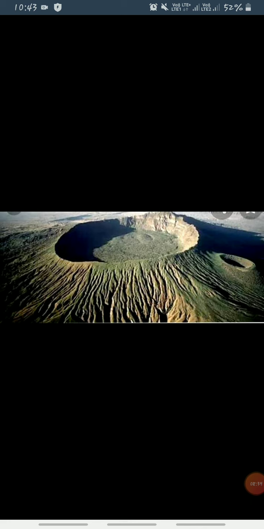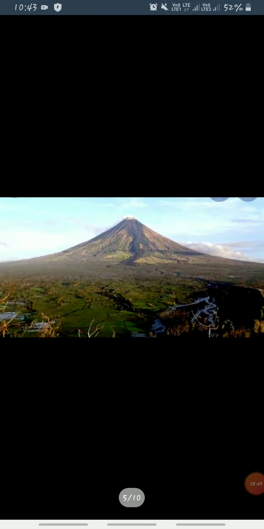Clear? Now come to the next, which is composite volcanoes. Now you can see this is a picture of composite volcanoes, and these volcanoes are characterized by eruption of cooler and more viscous lavas than basalt. So these volcanoes often result in explosive eruptions, and along with lava, large quantities of pyroclastic materials and ashes find their way to the ground.